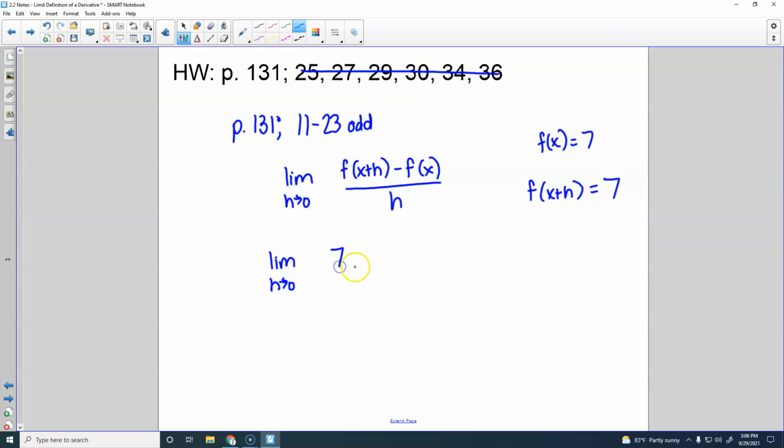So you would have 7 minus f of x, which is 7, all over h, which is going to give you 0 over h. And this is number 11. But we're going to get 0 over 0 here. So let's stop and think, because algebraically, there's not anything else we can do to this. We already just have 0 over h.